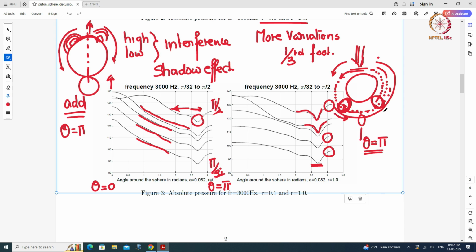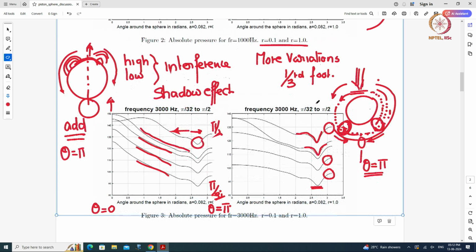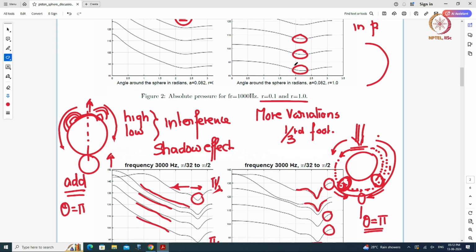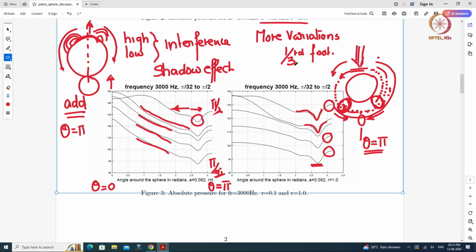So that's why at 1000 hertz this dip was a little more to the left, whereas for 3000 hertz the dip has moved towards the right and it's sharper. It's moved to the right because it has to be closer to the bright spot, with a shorter wavelength. From a peak, a shorter wavelength away you will get a cancellation, that's why.